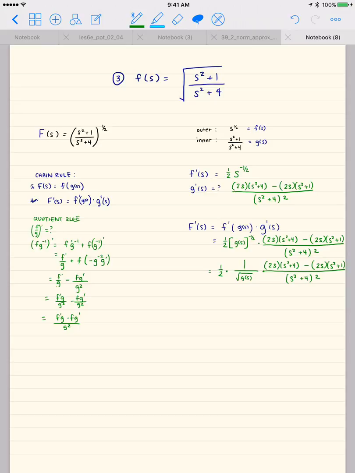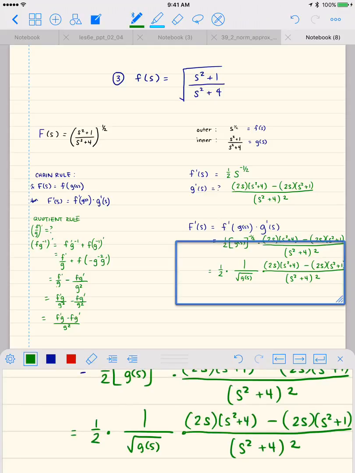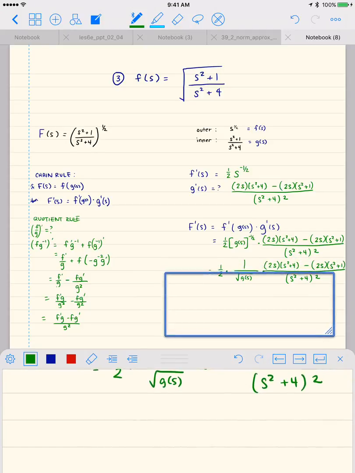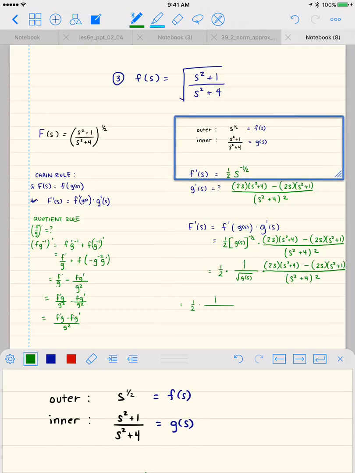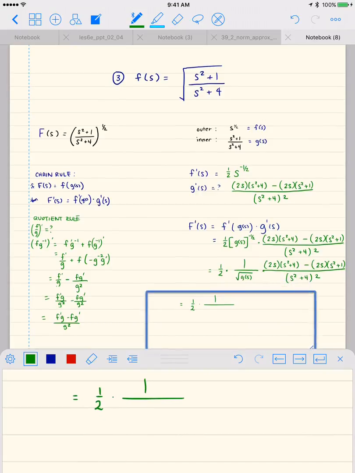Okay. And now, the last thing we need to do is substitute what is 1/2 times 1 over the square root of g of s. G of s is up here, so this is s squared plus 1 over s squared plus 4.